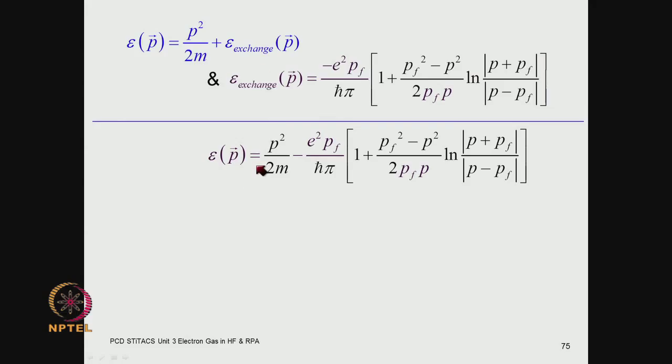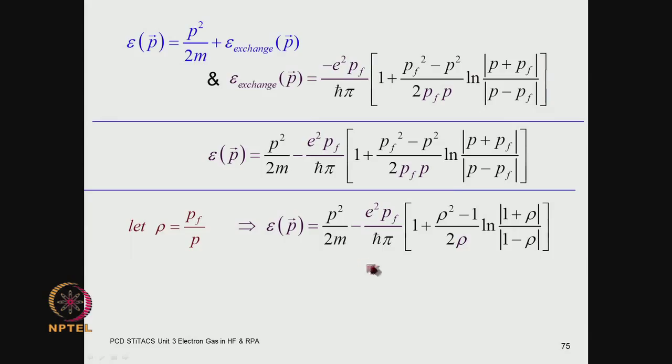We found out, after substituting this term over here, we have this general form, and it is very often customary to write this in terms of the ratio rho, which is the Fermi momentum over the momentum variable p, which simplifies this or enables you to write this term in an equivalent form.